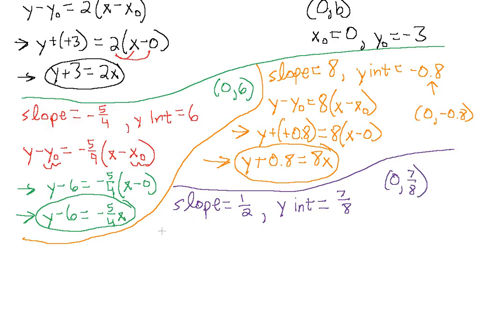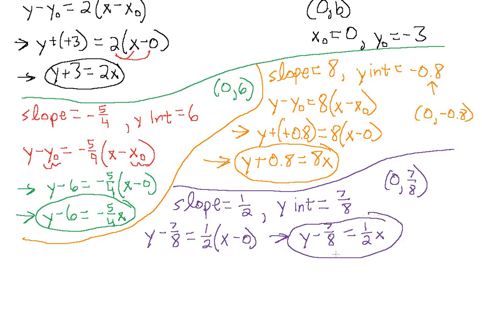Okay, so let's do this in one step. We have y minus y naught, which is 7/8, equals the slope, which is 1/2, times x minus the x value, which is 0. We still have y minus 7/8 on one side and 1/2 x on the other. And that's our answer in point-slope form.